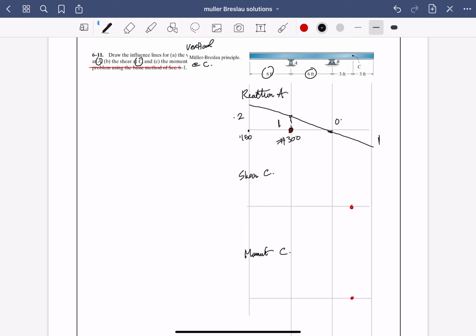Okay, so shear at C. What we do is we take C and we're going to move it up. And that's going to be a 1 unit load. Okay?